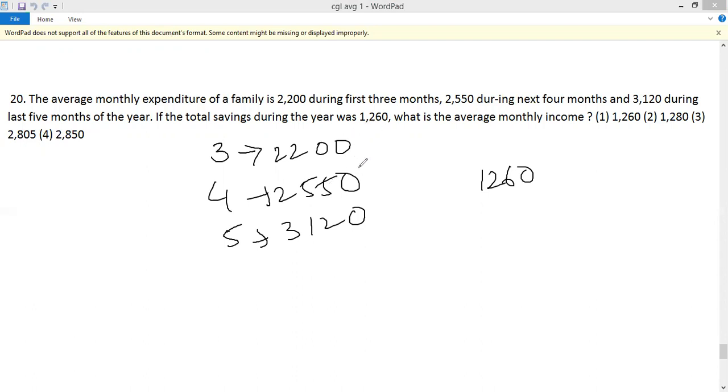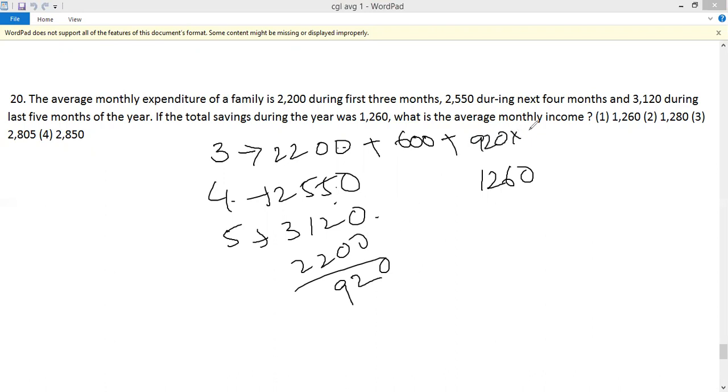See here, assume this is the average. How much is the distance from here to here? 150 for 4 months, so 600. From here to here, what is the distance? 920, right?